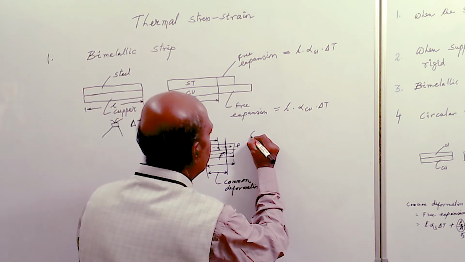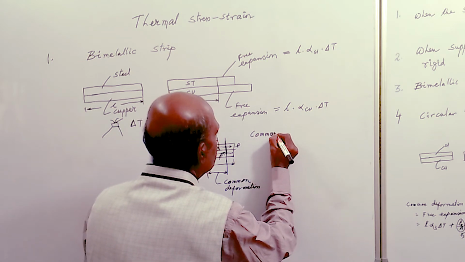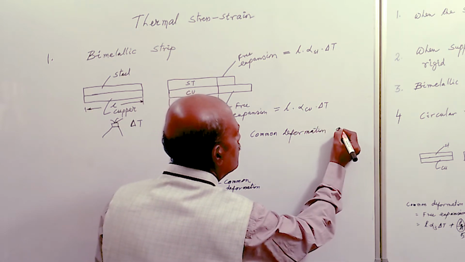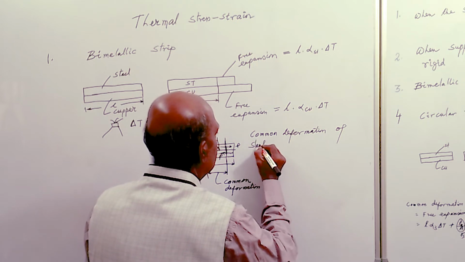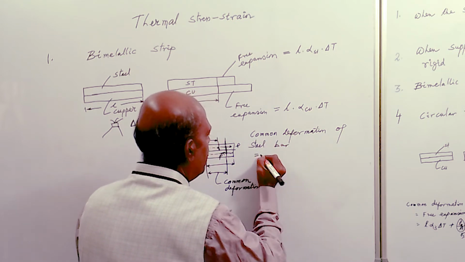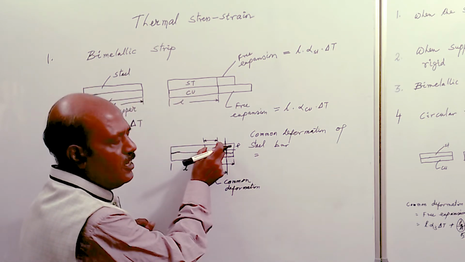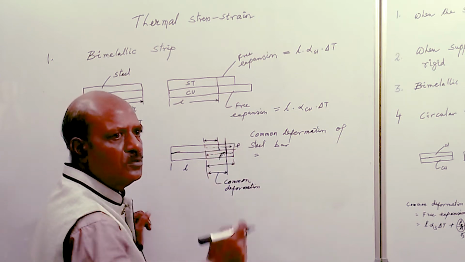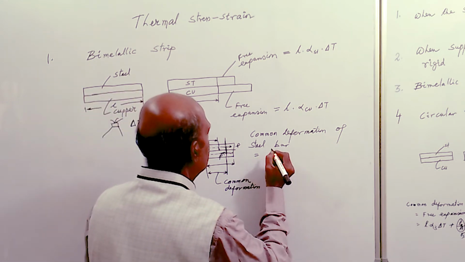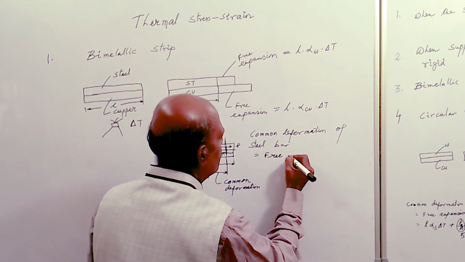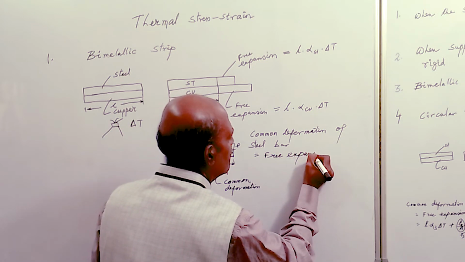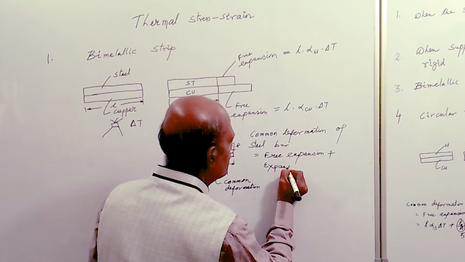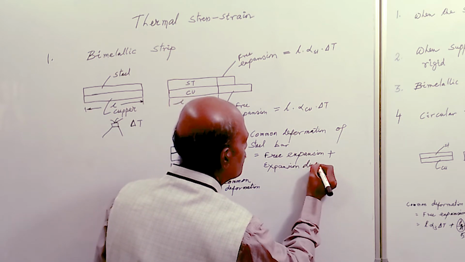So we can write the common deformation of the steel bar, and that will be given by: first the free deformation or free expansion, plus the expansion due to force P.